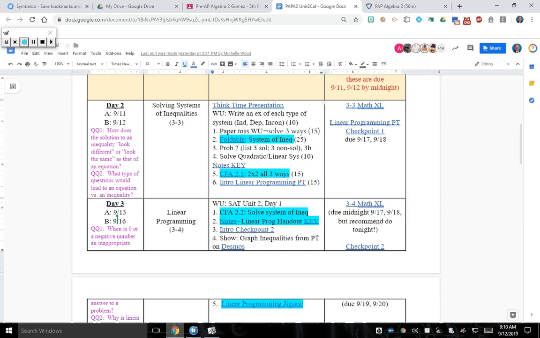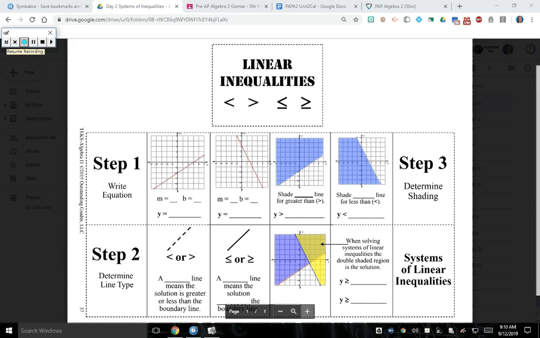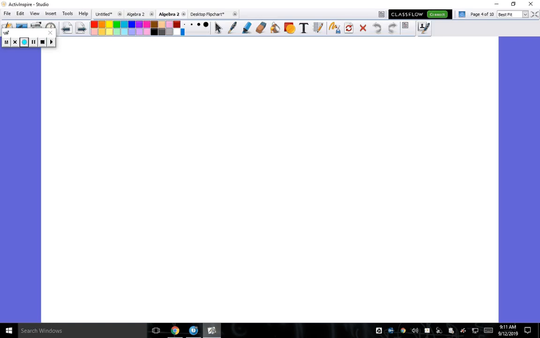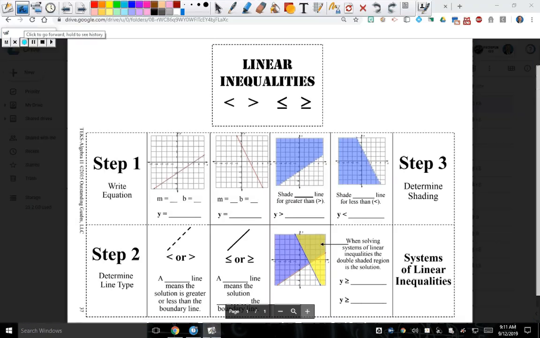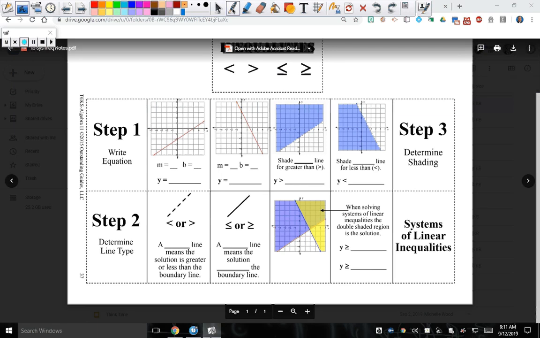Okay, so we're looking at linear inequalities. Guys, linear inequalities are just a small extension from what we already know with lines. Linear inequalities have these symbols, and equalities, if you will, have the equal sign.